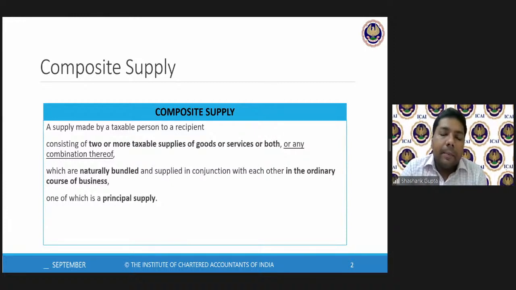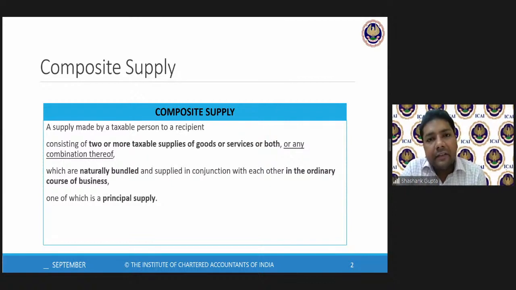Now, prior to GST, when there was central excise, the taxable event was manufacturing. Under service tax, it was supply of service from one person to another. Under VAT or sales tax, it was sale.